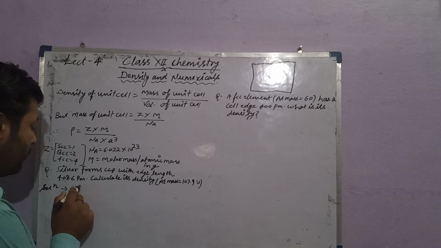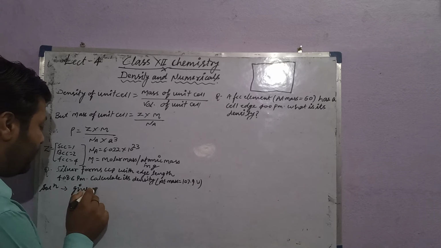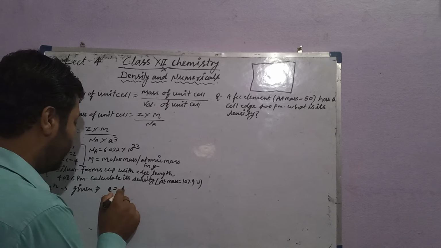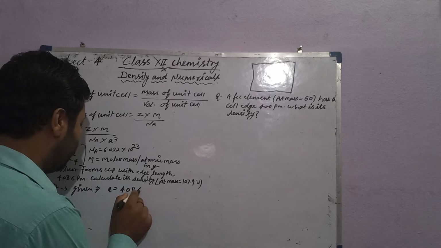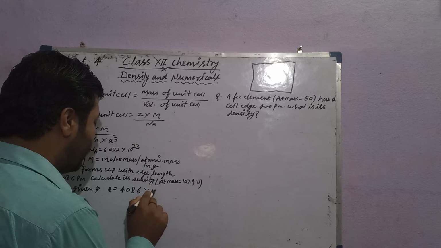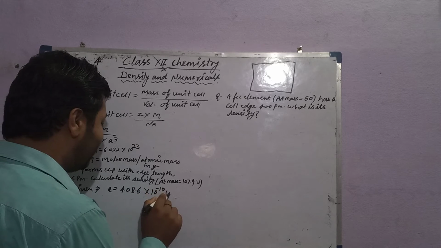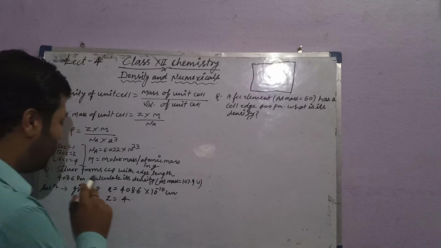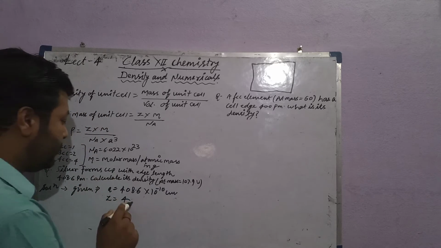Let's actually solve it. The given thing is a equal to 408.6 picometer, so in centimeter it can be written as 408.6 times 10 to the power minus 10 centimeter. Z equals 4, because there is a CCP structure.